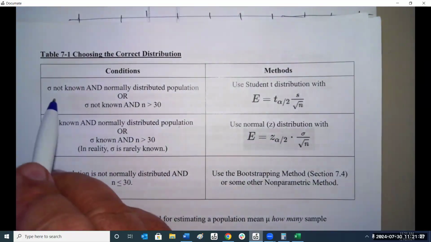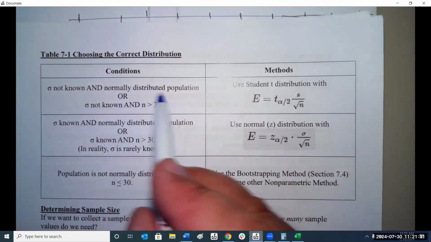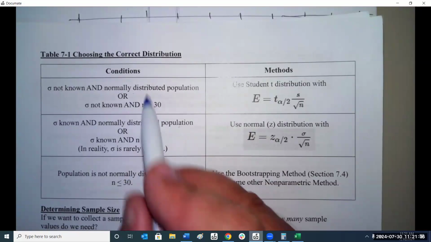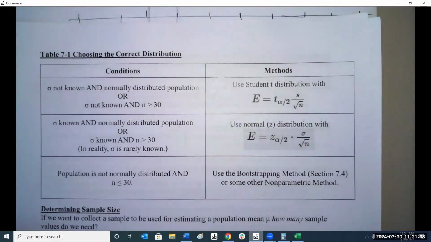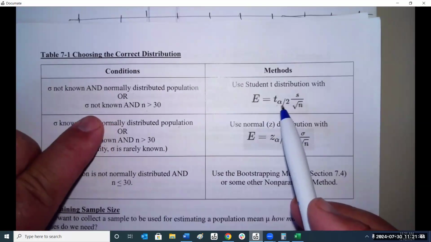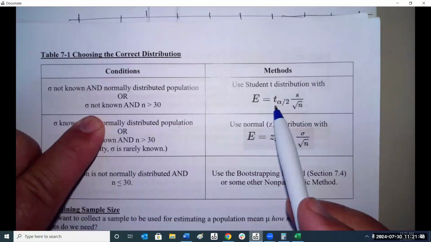Basically, both of these have overlapping conditions of normally distributed or n over 30. Those are the two conditions. If the population deviation is not known, then we have to use the sample deviation and a t.